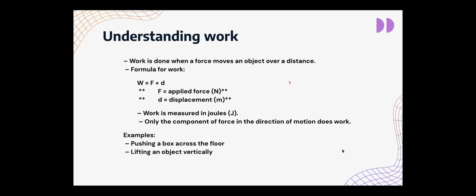So if someone's applying 10 newtons of force to lift a box, let's say 3 meters up, then the total work, let's say John has done, is 30 joules of work, correct? Does that make sense to you guys? That's basically both of these in that example.